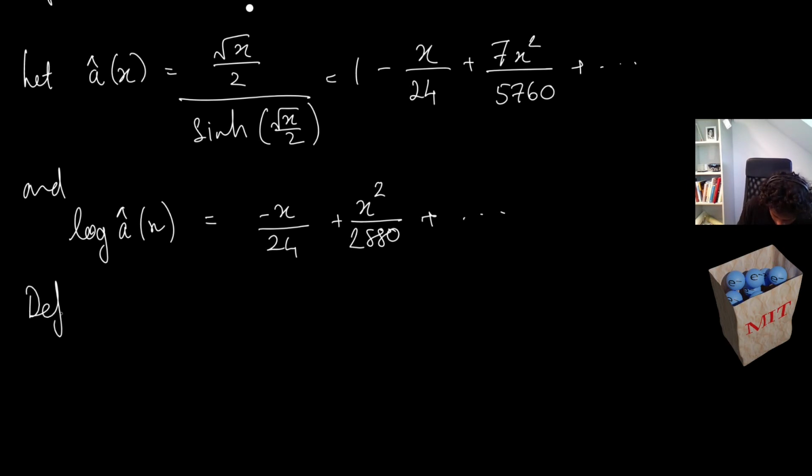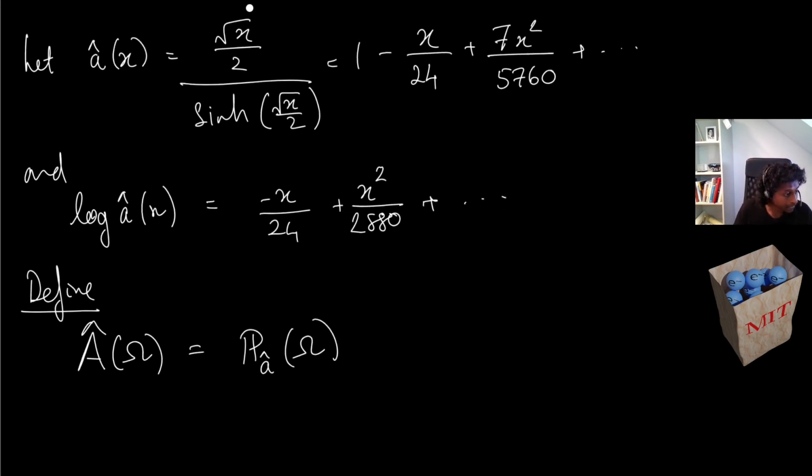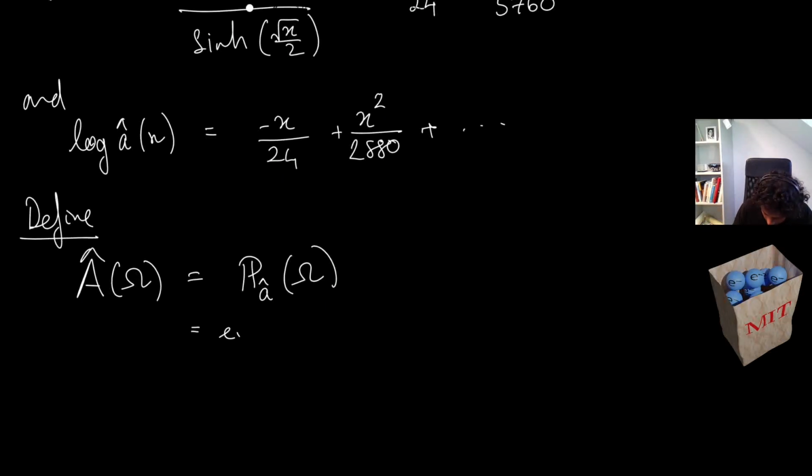Now we define the A hat of omega, which was exp of lambda log A hat acting on log of P omega.